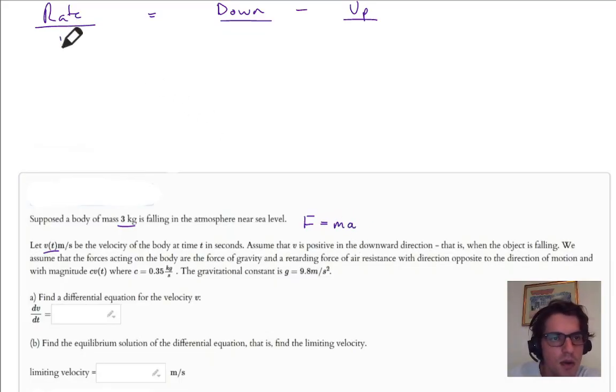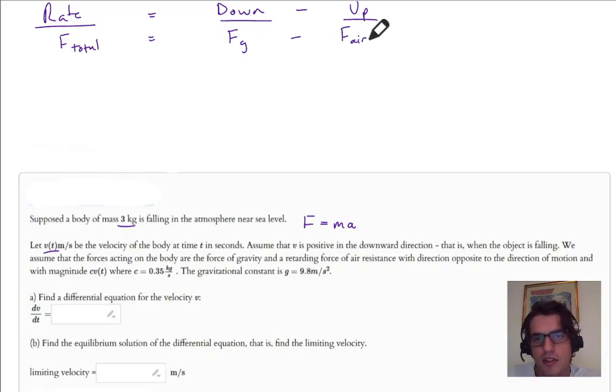So the total forces acting on the object are going to be equal to the force of gravity minus the force of air resistance, which is pushing our object up. The magnitude of the force of air resistance is CV. And here's that constant and the gravitational constant.